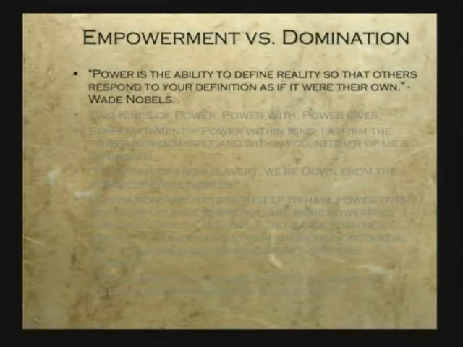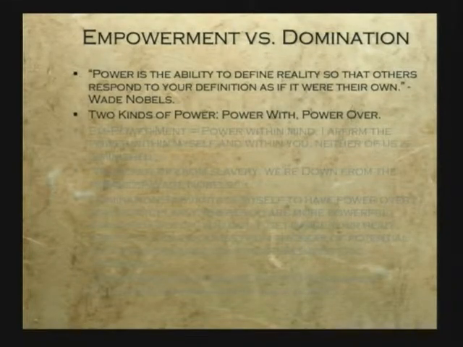So, in this context, what Wade was also talking about, empowerment versus domination. Usually people are thinking about power as power over, domination. The conversation has been shaped so that you think of it that way. Power is the ability to define reality so that others respond to your definition as if it were their own.